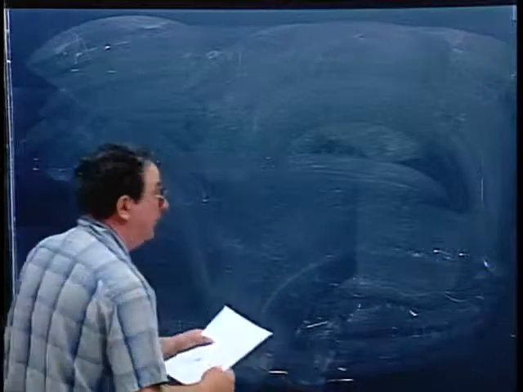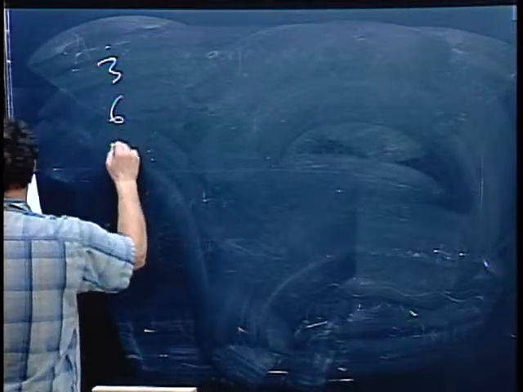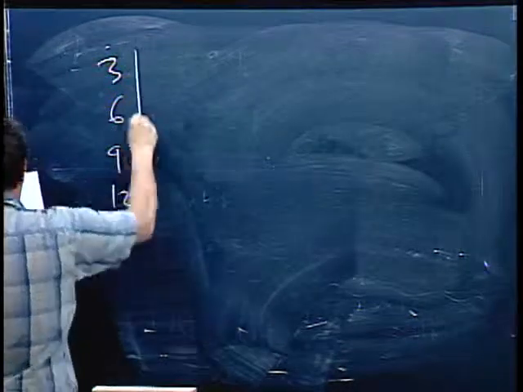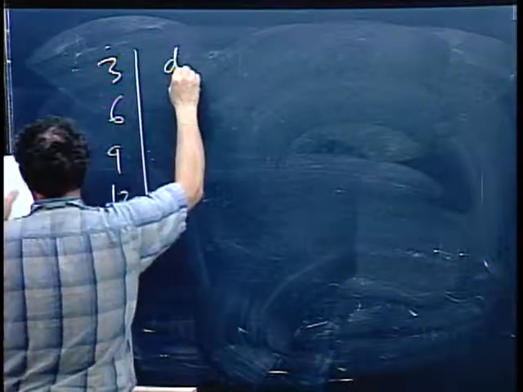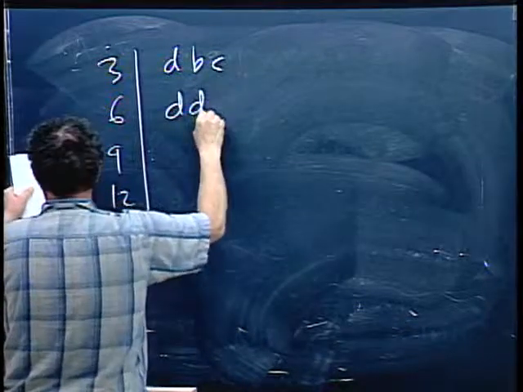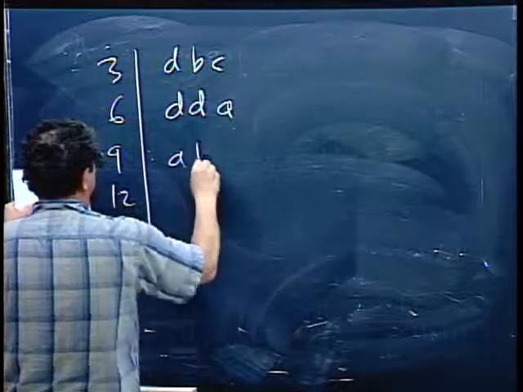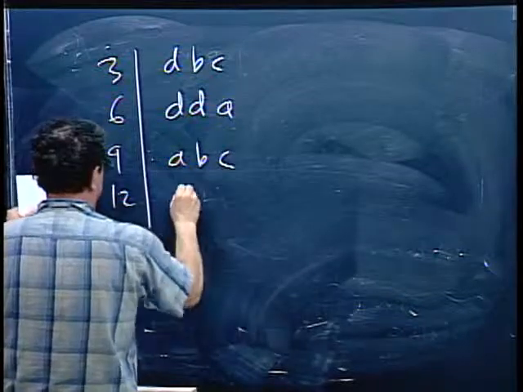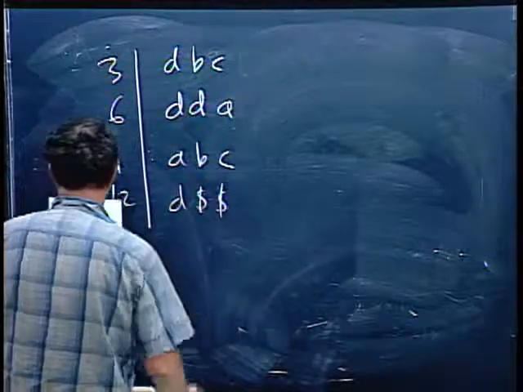Let's just write them down for the example I've been working with. Positions 3, 6, 9, 12 are D, B, C, D, D, A, A, B, C, and D double dollar sign.